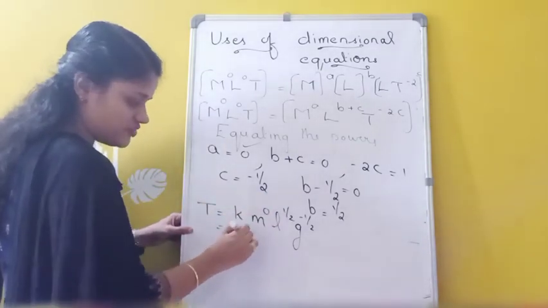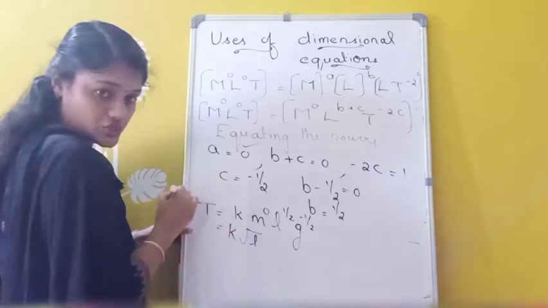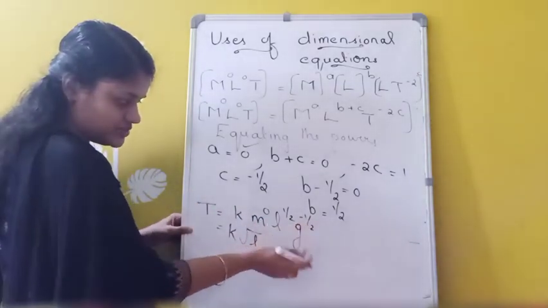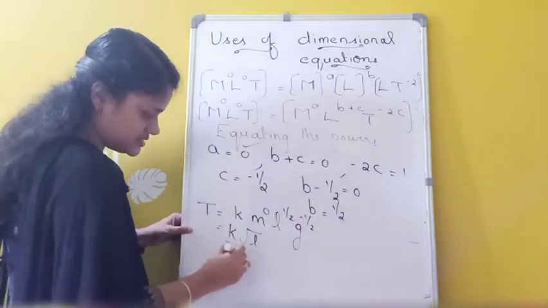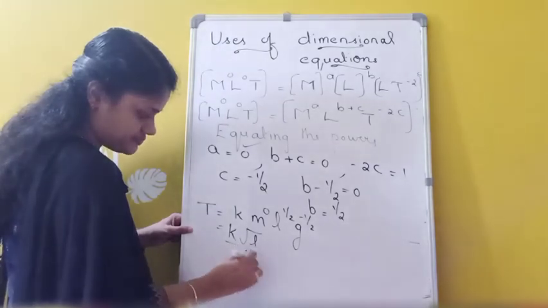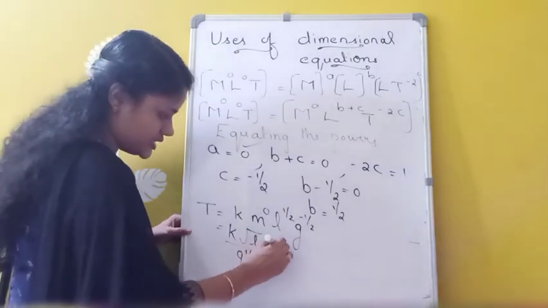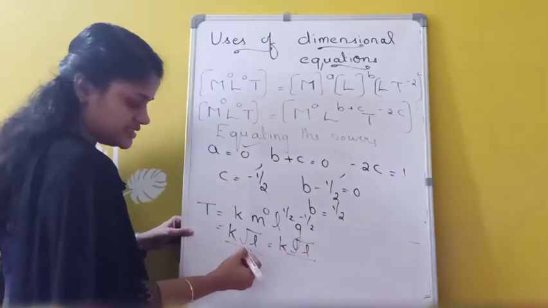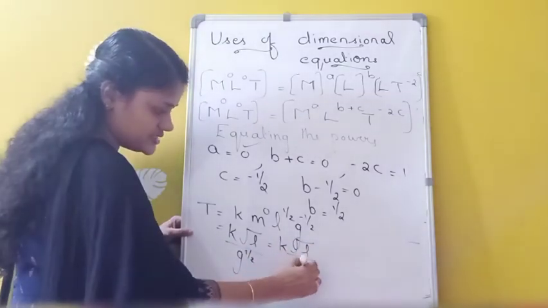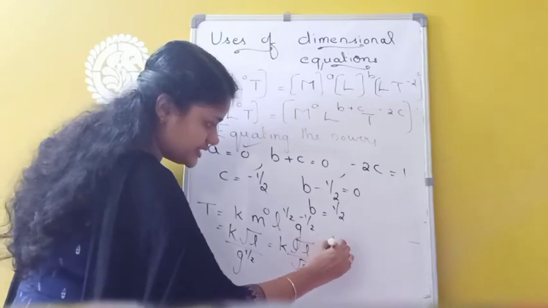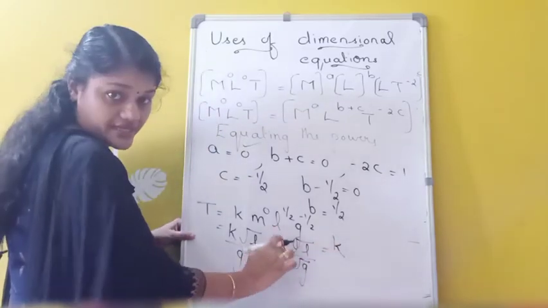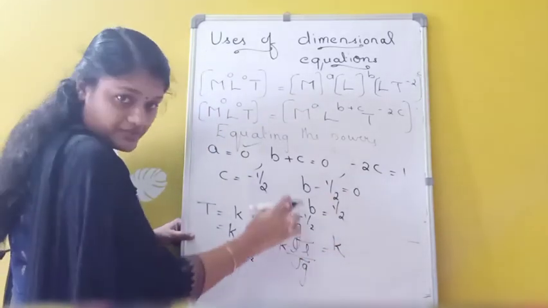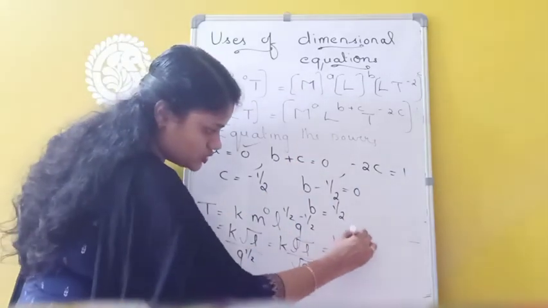Then L raised to half means root L. And g raised to minus half, I am taking in the denominator, that becomes g raised to plus half. That is equivalent to k into root L divided by root g, which equals k into root of L by g, taking the common root.